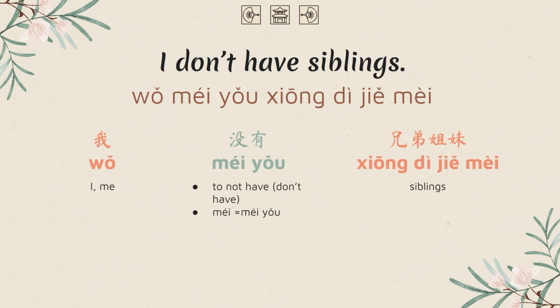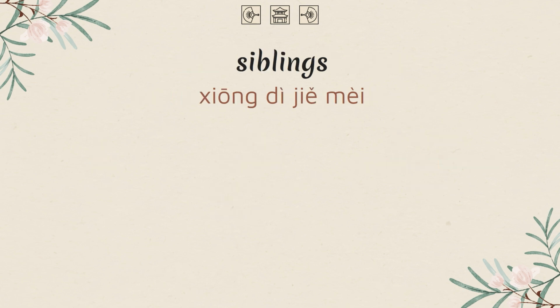Speaking of siblings, let's break it down on how to say each individual sibling. So we learned 兄 as a formal way to refer to an older brother, but there's a more casual term, which is 哥哥. Even though the character is the same, the second 哥 is the neutral tone, so it's softer and without any emphasis. 哥哥, older brother.